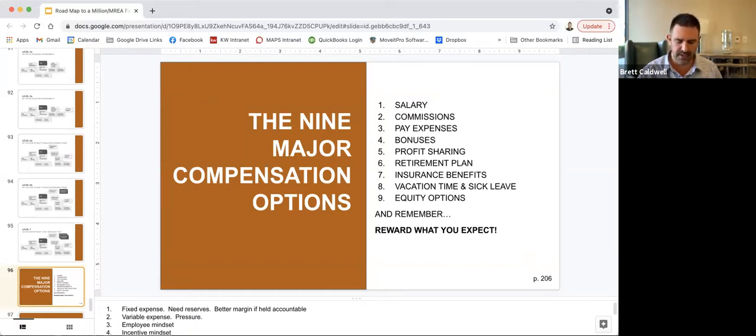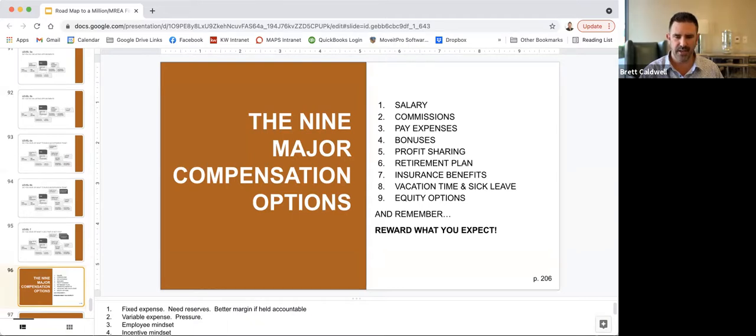Insurance benefits. Again, it's that employee mindset a little bit, but it's also a moral thing, and it's also a short-term thing. Hey, I'll take care of you in a time of need because I'll bring those benefits to the table if that's something I want to engage in. Vacation time and sick leave. It's a perk, it's a benefit, it's an employee mindset.